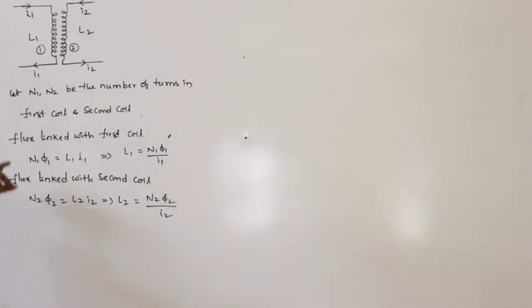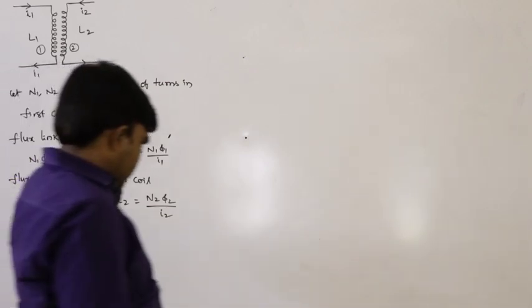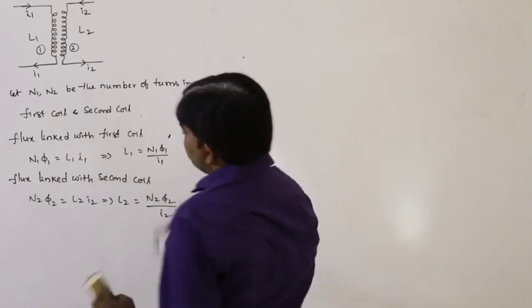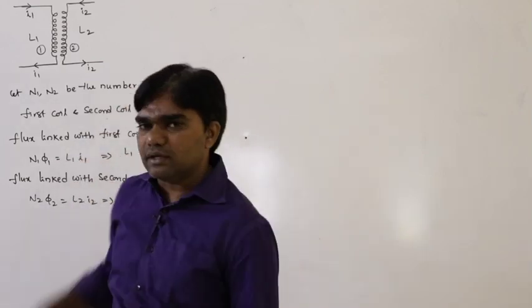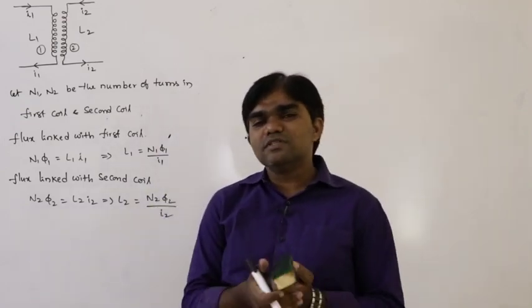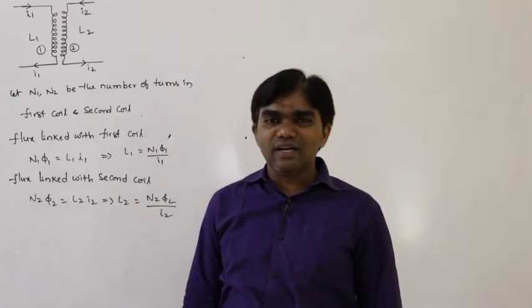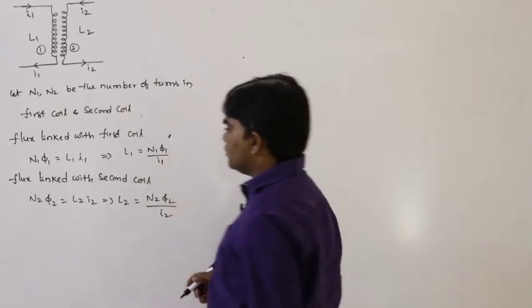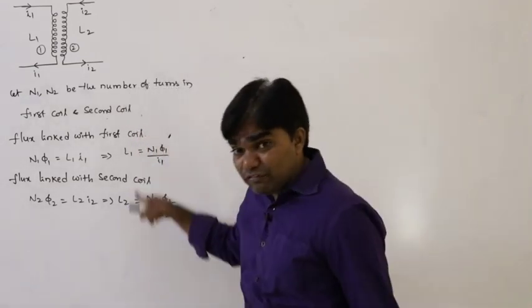This is the flux linked with the first coil and the second coil. Of course, this is about self-inductance, but if the two coils are placed very close to each other, definitely there must be a mutual inductance.